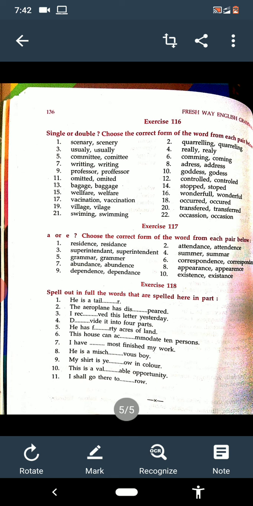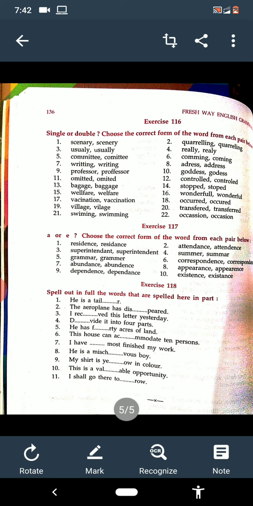Residence, superintendent, grammar, abundance, dependence. A very common word, grammar. G-R-A-M-M-A-R.